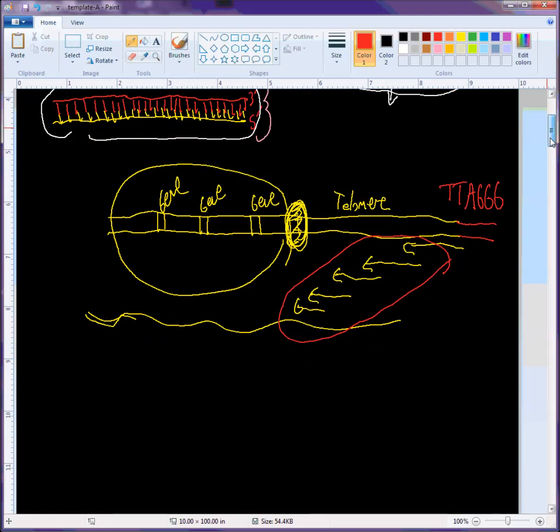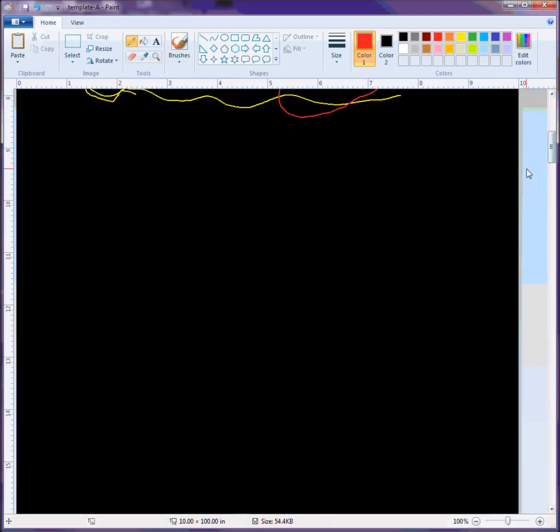But there are cells in our body which require telomerase, and those would be germ cells and stem cells. I don't know a whole lot about stem cells, but these are cells which we need to replicate continuously throughout our lives, and they do express telomerase.